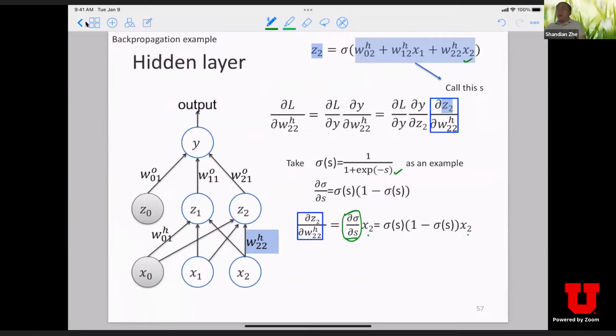Following the same procedure, you can compute the partial derivative of L over any other edge weight, like W01H, W02H, and so on. They basically follow the same procedure, except that you change the numbers.